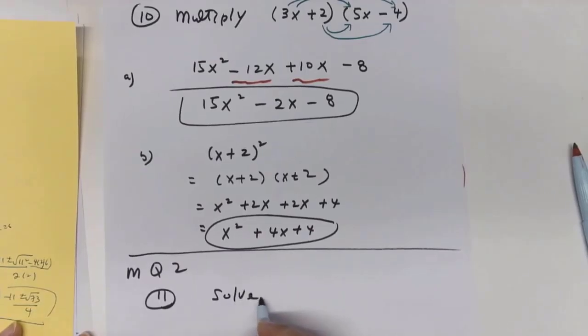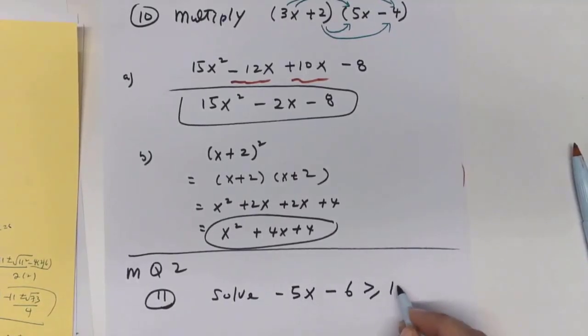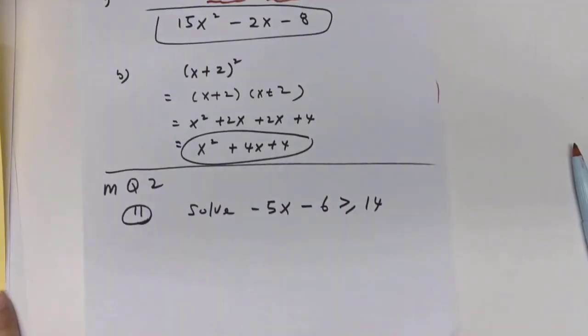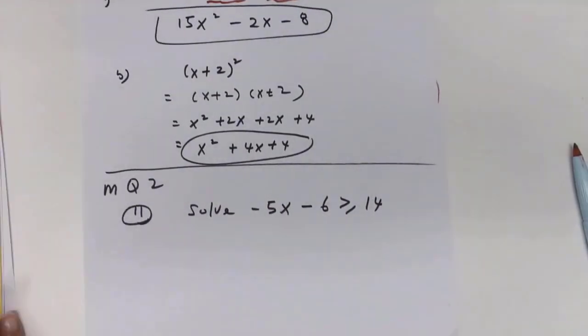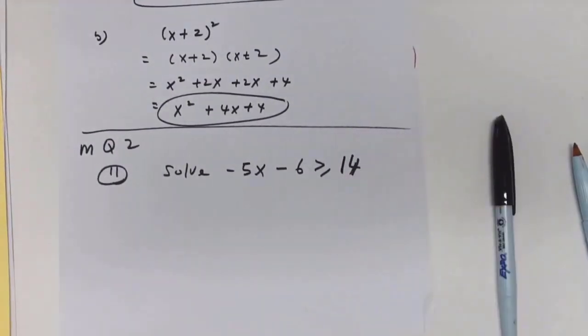Solving negative 5x minus 6 greater than or equal to 14. Okay. So I need x by itself first.